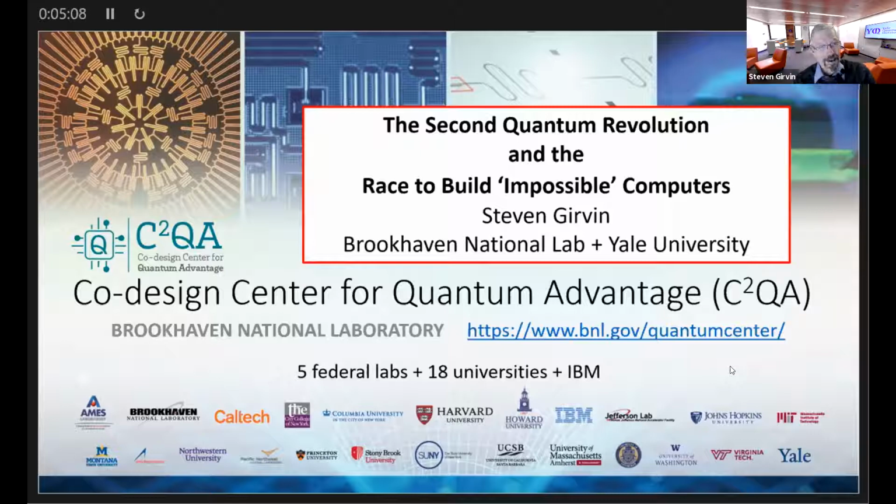There are 5 federal labs, 18 universities, plus IBM as our industrial partner, 88 principal investigators, and soon many graduate students and postdocs. And we're trying to move us out of the current so-called NISQ era, noisy intermediate scale quantum systems, into the era of useful quantum computers.